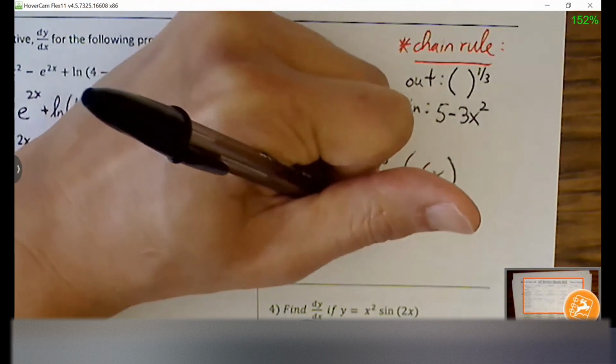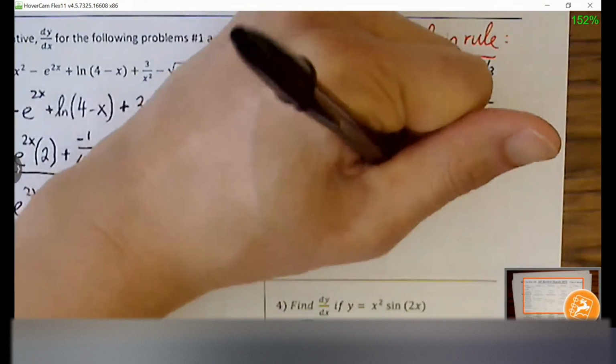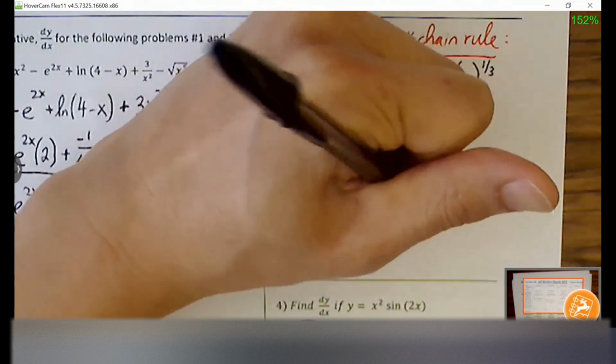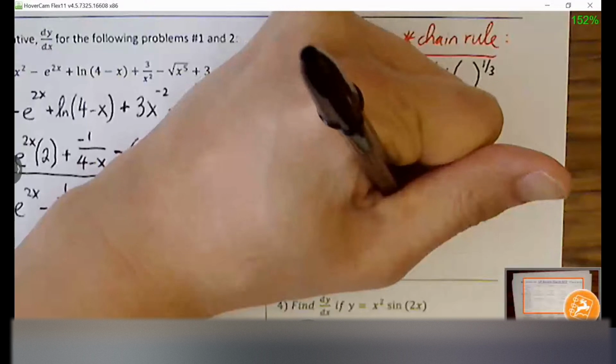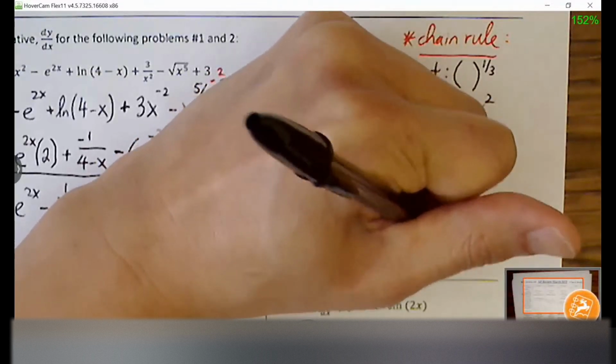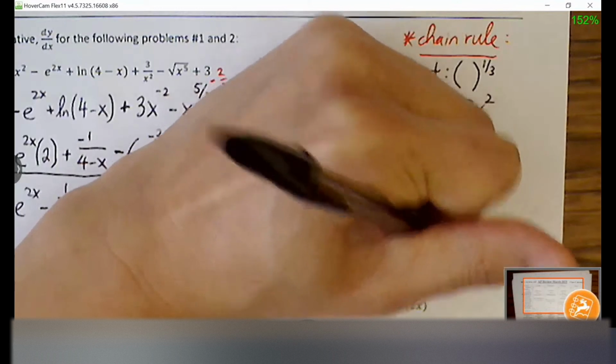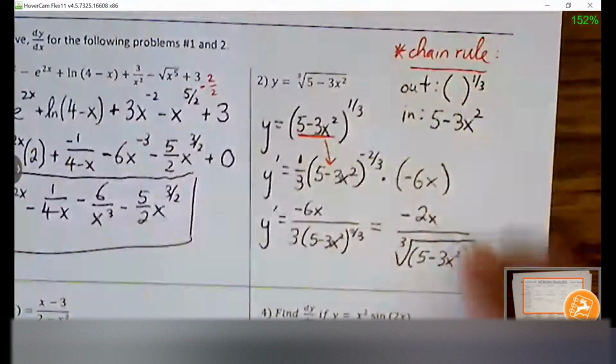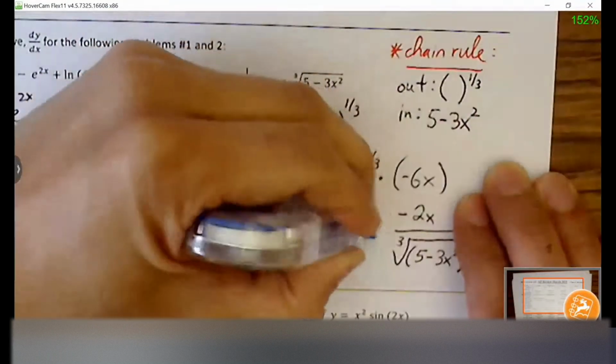You can either leave it like this, or you can reduce. You can even convert it back to a radical. That's acceptable as well. I'll say or because either form is fine.